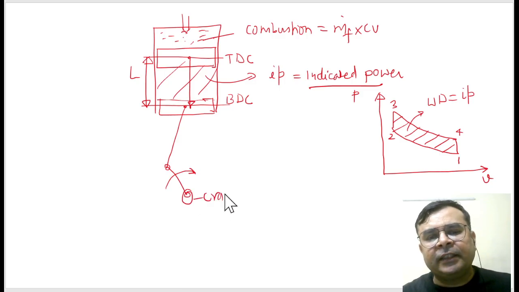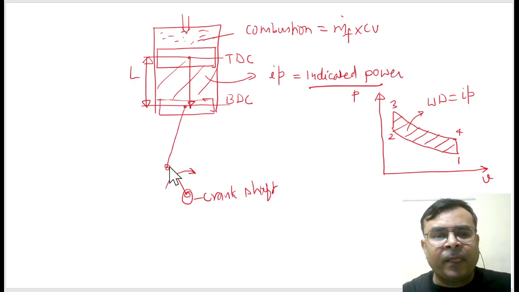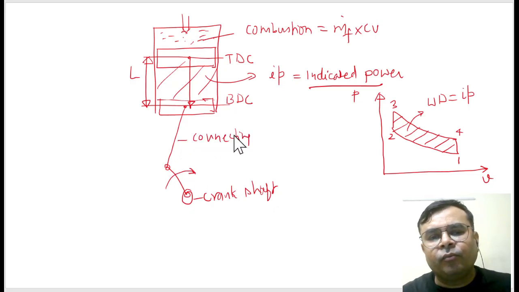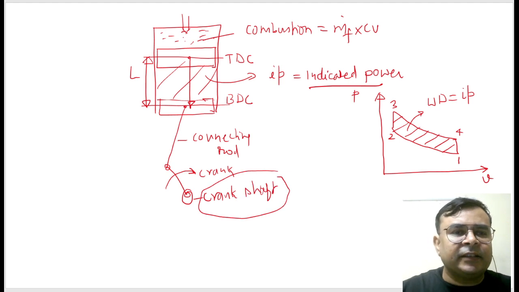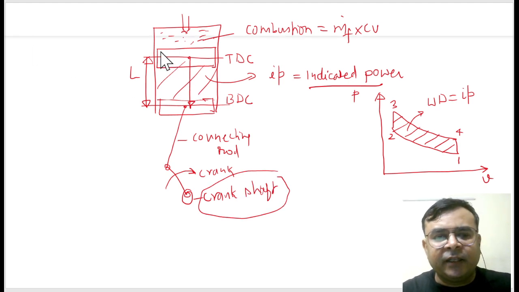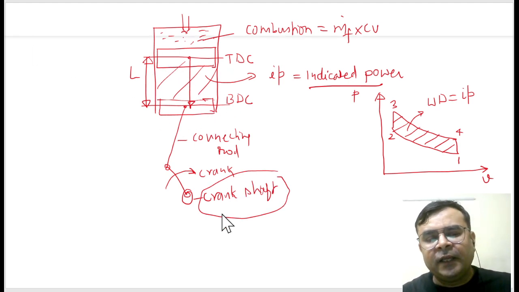This is the crankshaft, and this is the connecting rod, and this is the crank. So whatever energy is stored in the crankshaft by the reciprocating motion of the piston, how much rotation of the crankshaft takes place?